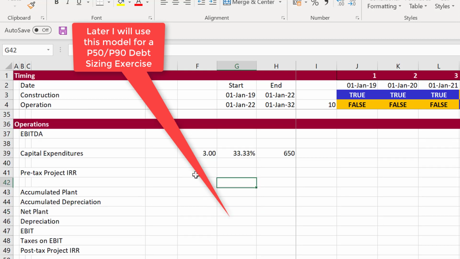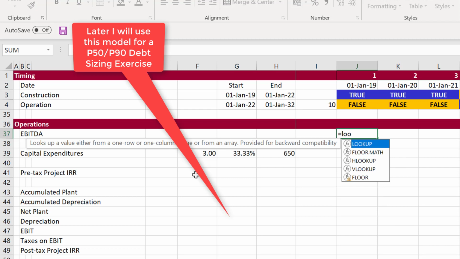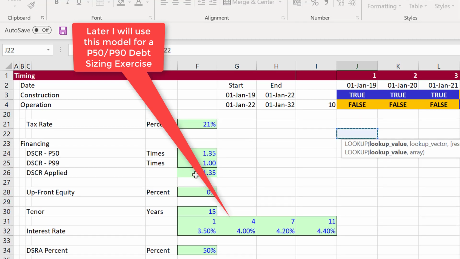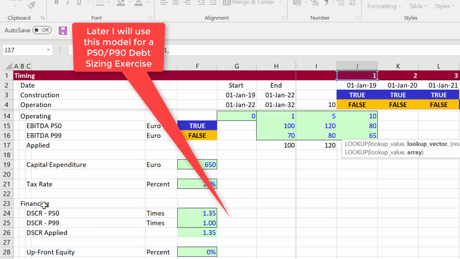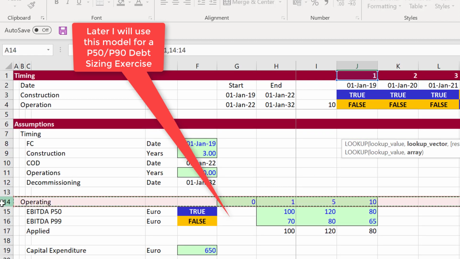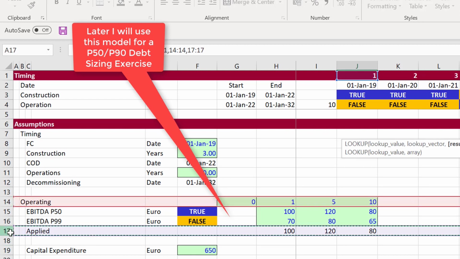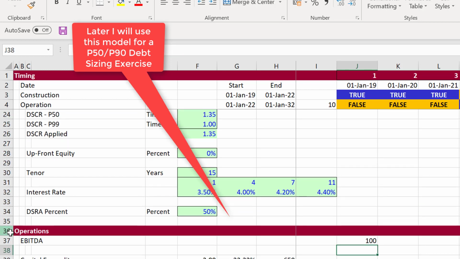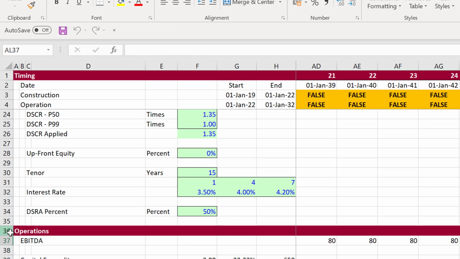If we made a lookup function, we would simply type equal LOOKUP, and I hope you do this, and the big rule is to first use the little thing right at the top and then click on the whole line for the corresponding numbers in the table, and then click on the third line, and we can press Shift Control R, and we can have it go up and down.